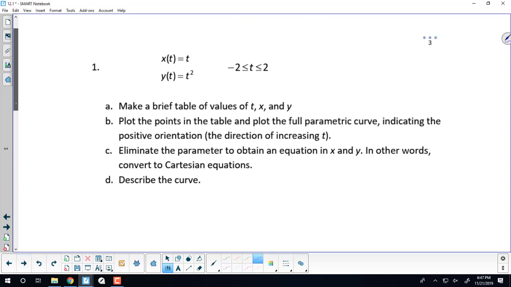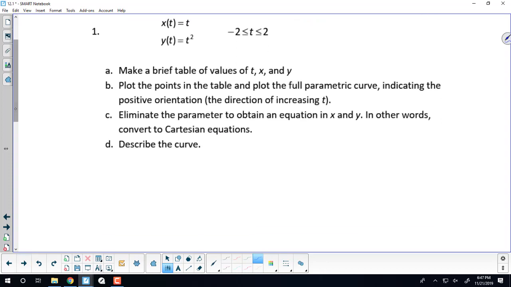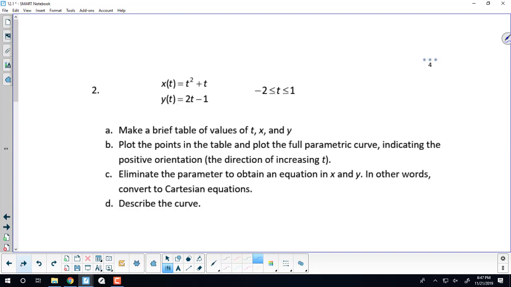So we may not actually work all of these examples in this section, but we'll do enough to where we have a decent idea of what's happening. So, you know, this example and the second example here are pretty similar. I think the second example is a little bit more involved.